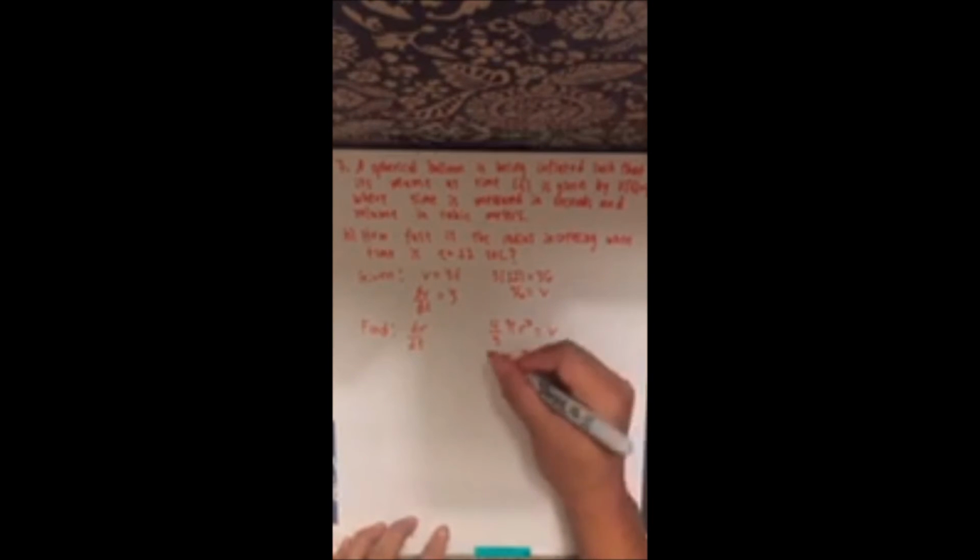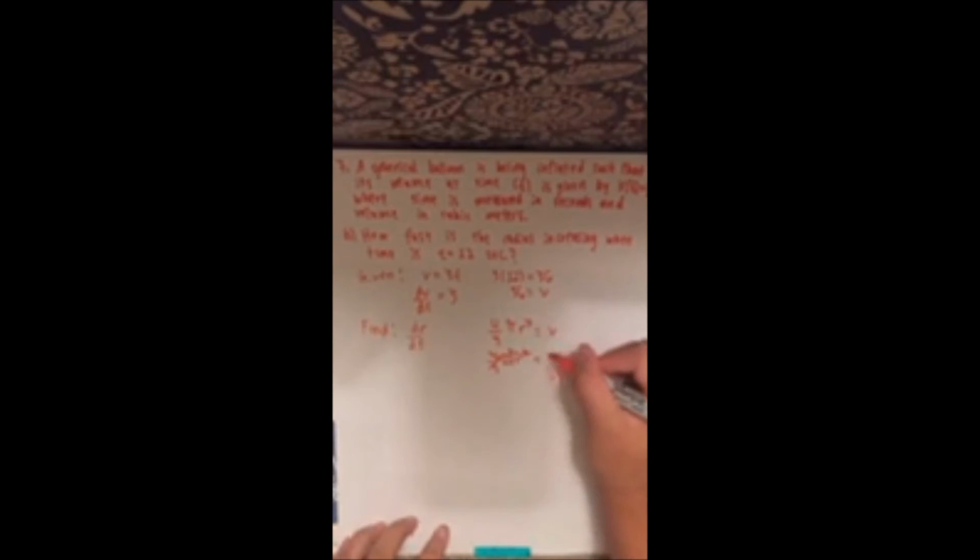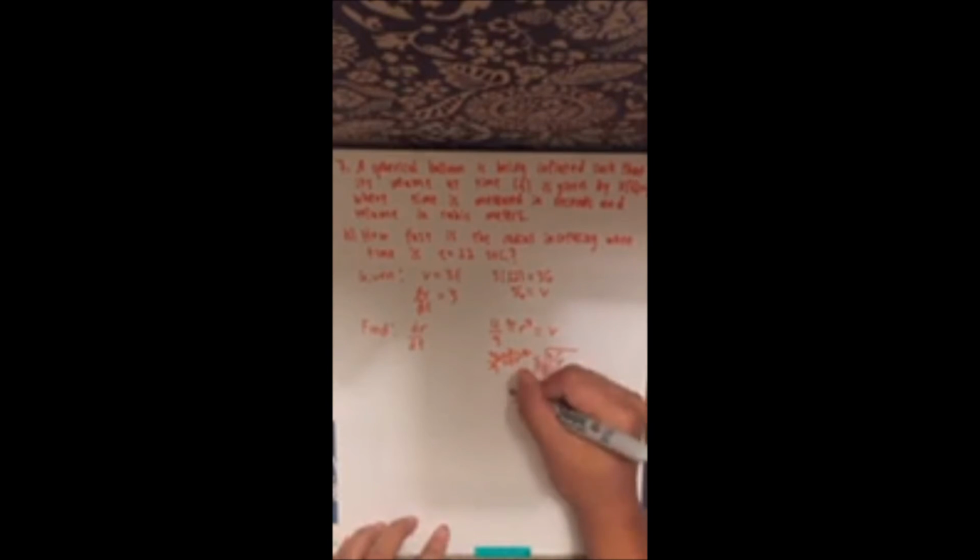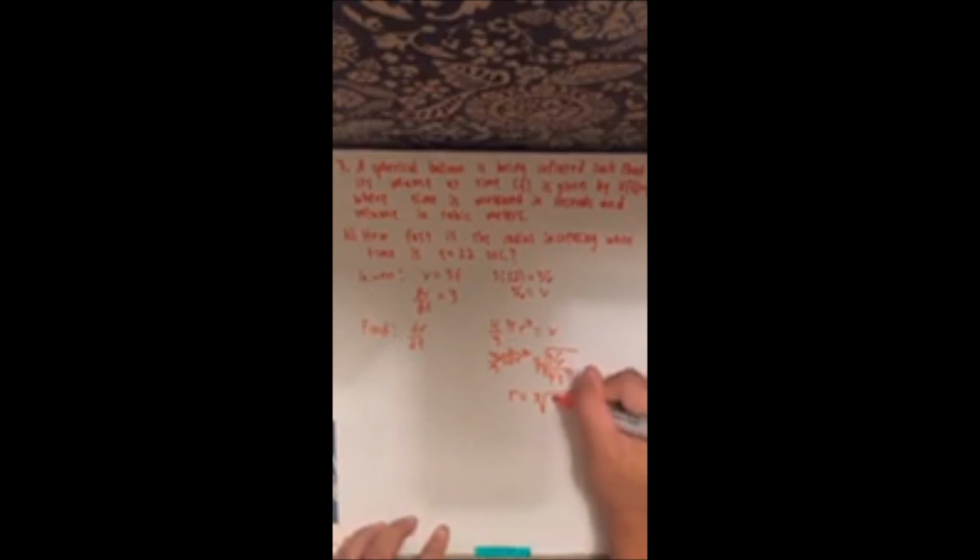And then cube root it. So r equals that. And then we would want to take the derivative of the volume equation.